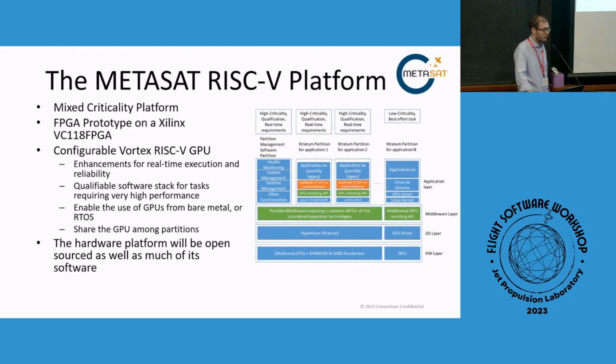But here we are going to have a driver that will be able to be used either by bare metal or from a real-time operating system like RTEMS. And we will also have the possibility to share the GPU among different partitions. The hardware platform will be open source, and much of the software that we will also develop will be released as open source.